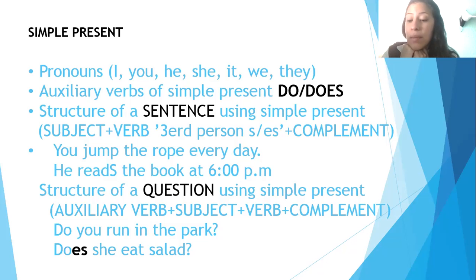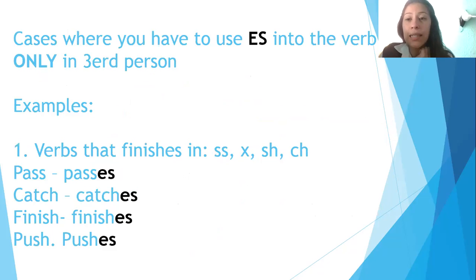Y recordemos que también existen reglas básicas e importantes para poder ver si al verbo se le agrega S o ES. Entonces acá tenemos la regla. Cases where you have to use ES into the verb. Only, remember that. Only if you are using third person. Okay?